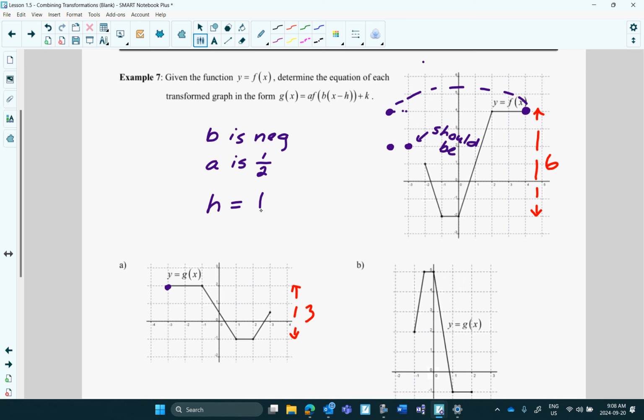So what we did is we picked a point on the original. We see if it's stretched and flipped. And once we did the stretches and flips, we see if there was any shifting left. Okay. So I've got all this information now.